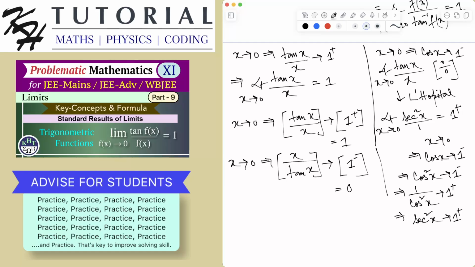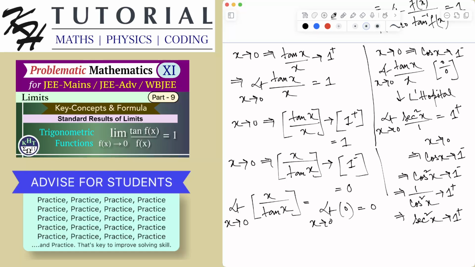So we see that limit x tending to 0, box of x by tan x is 0. So when we put x by tan x inside the box, the limiting value of box of x by tan x when x tending to 0 becomes 0. If the box was not there, then the limiting value would have been 1.